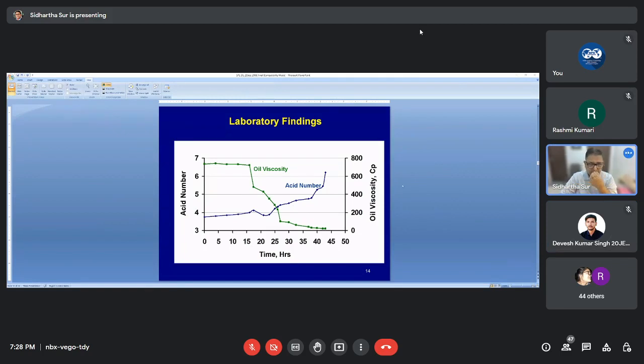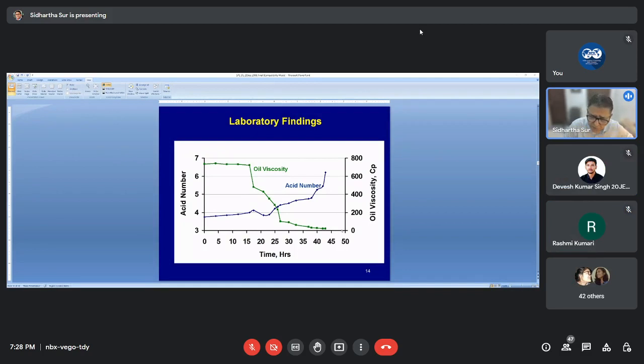See here, oil viscosity initially was around 700 centipoise, and until half of the project, nothing changes. But subsequently, oil viscosity goes down, and it goes to a level of 1 centipoise when the front is very close to the production end, whereas the acid number also shows an increasing trend.